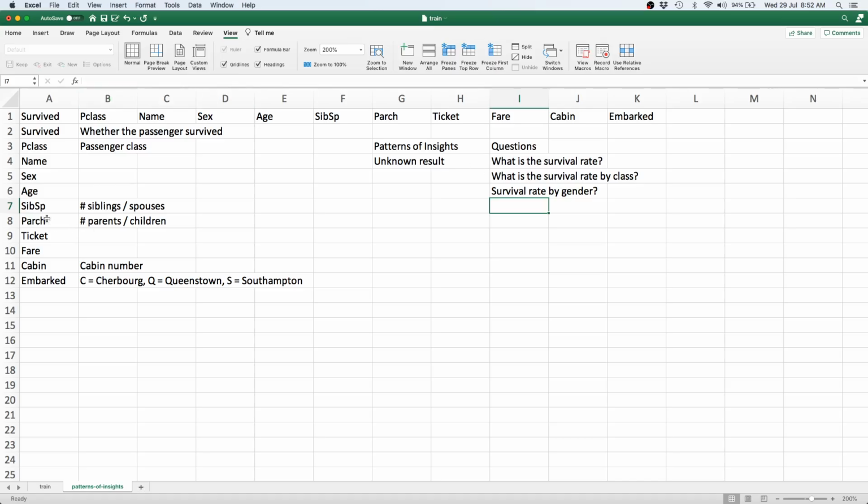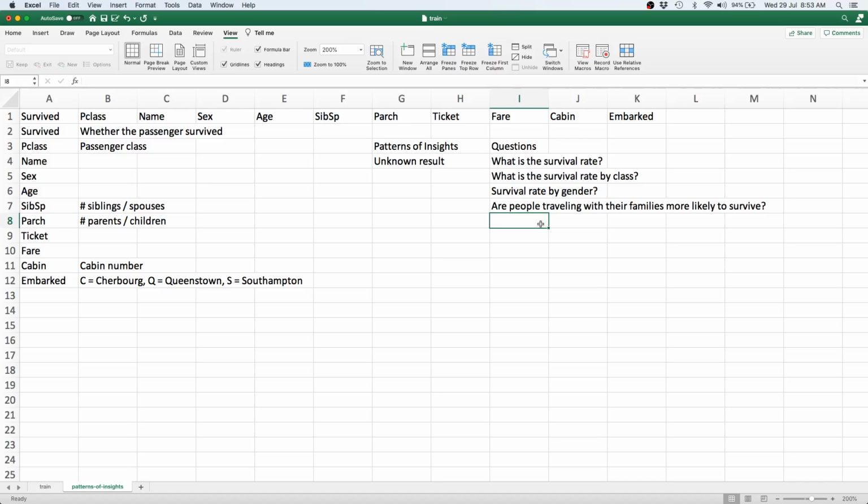The other thing that we have is a couple of variables related to families. So we could also ask something like, are people traveling with their families more likely to survive? This is something that we can infer from these two columns over here.